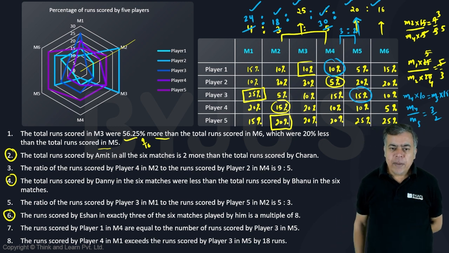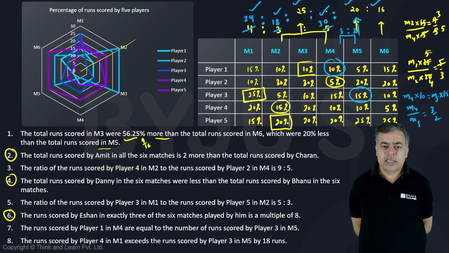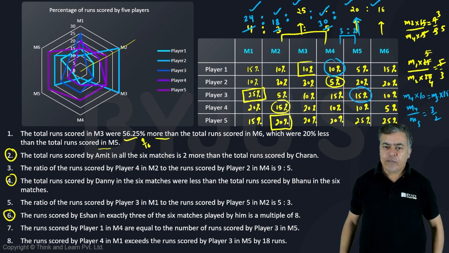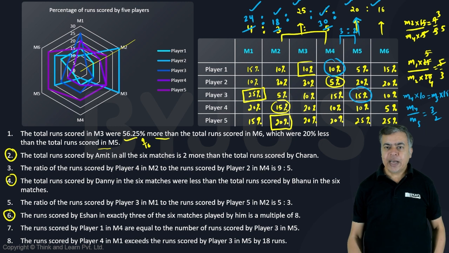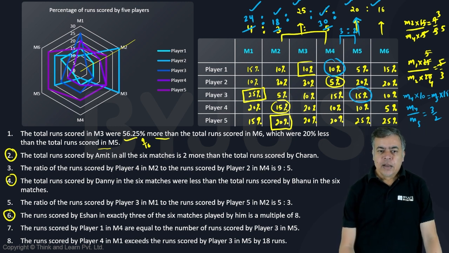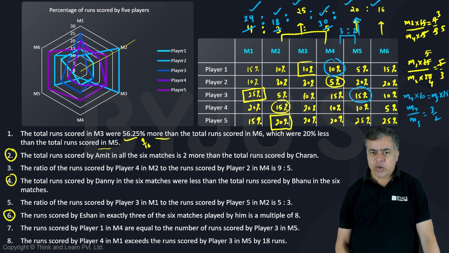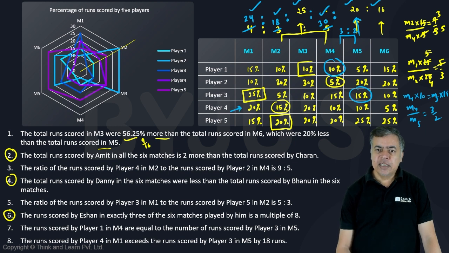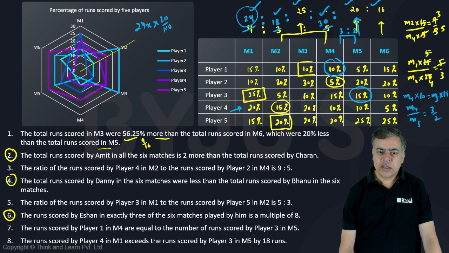Now runs scored by player 4 in M1 exceed the runs scored by player 3 in M5 by 18 runs. Now from the last statement I can get the value also, right? How? Okay, let's see. The runs scored by player 4 in M1 is 20%. Okay, that means can I say this total now as 24x? And we are talking about 20% of that, right?